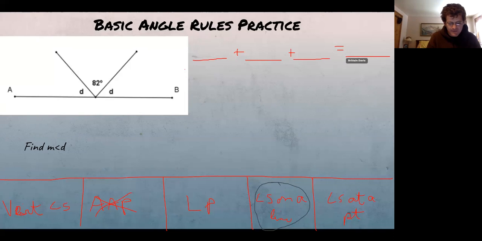Now, what you might not be comfortable with right now is knowing, there we go, we're starting to fill it in, that's really good. You might not immediately know it's going to be three things added together to equal something, but hopefully with some practice it's making sense. There are three angles that add up to 180, so you can see that. What should the other two blanks have in it?